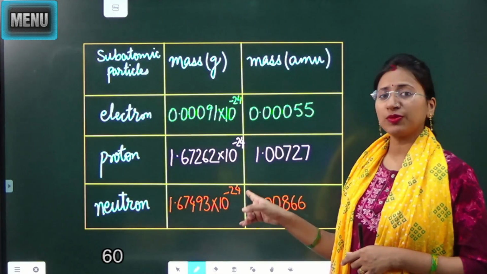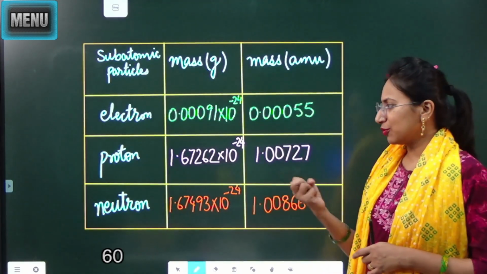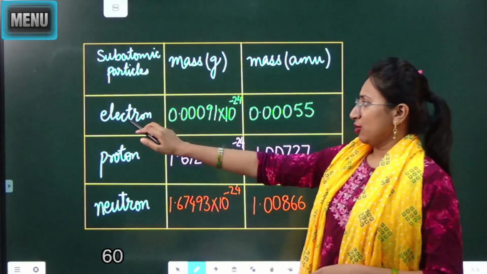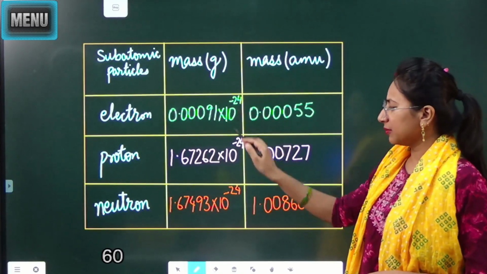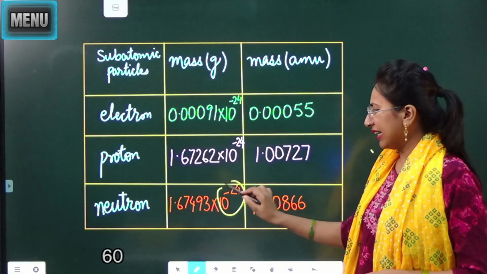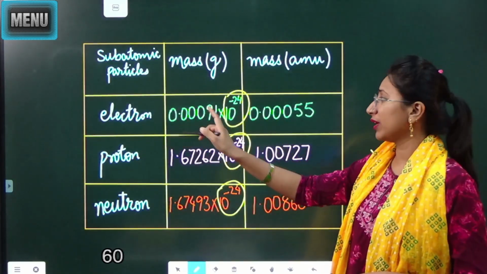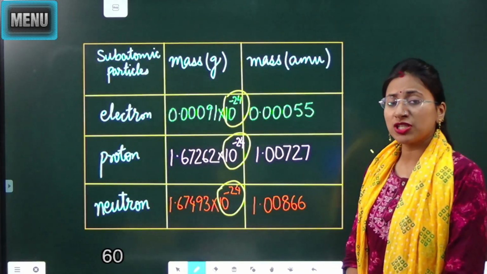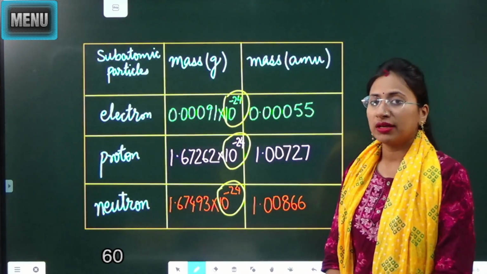But now since we are checking the mass of a particular atom, let us come to the precise value. For electron, if we take mass in grams and put it in 10 power minus 24 terms, mass of electron will come out to be 0.00091 multiplied by 10 power minus 24 grams.